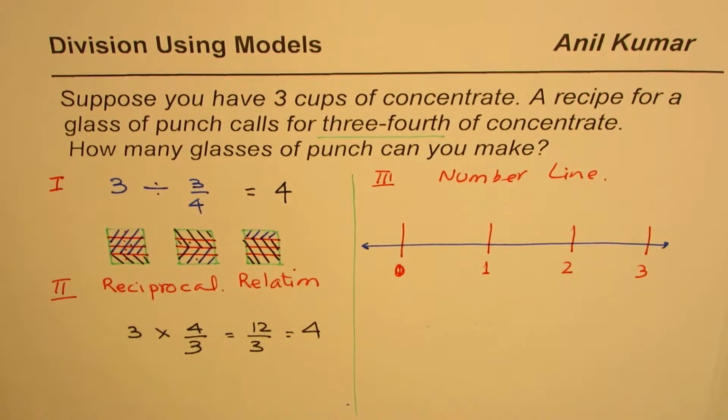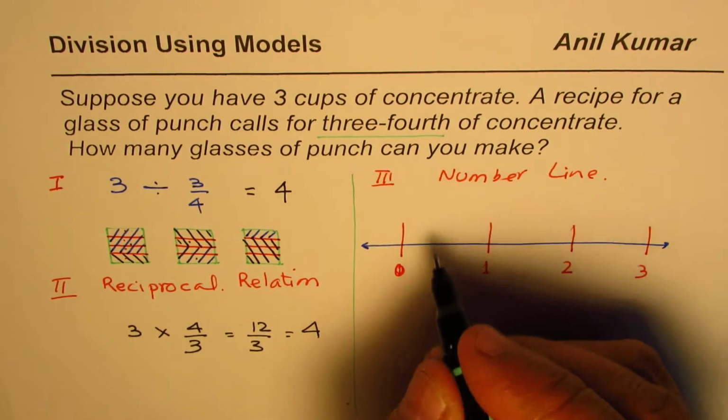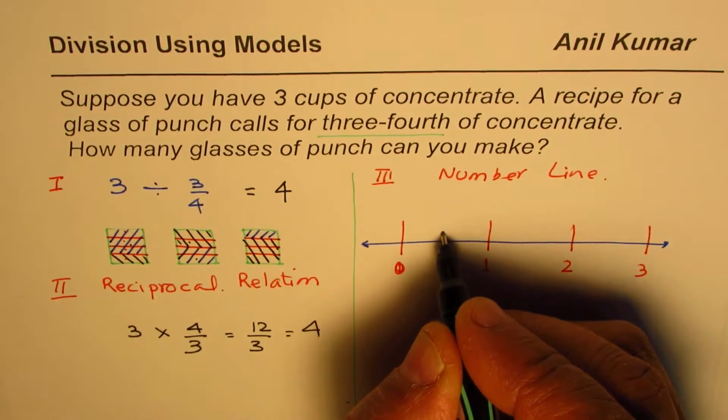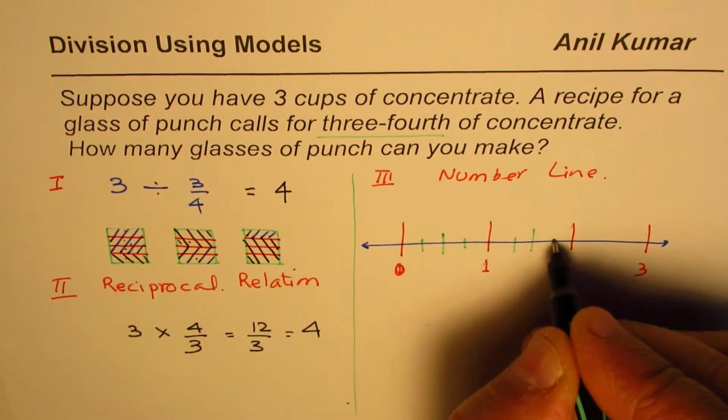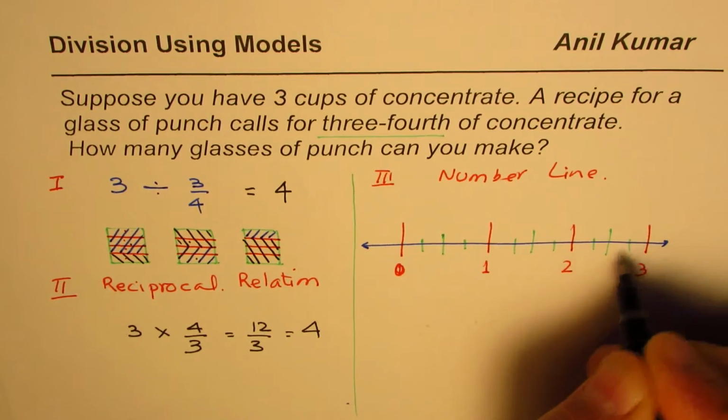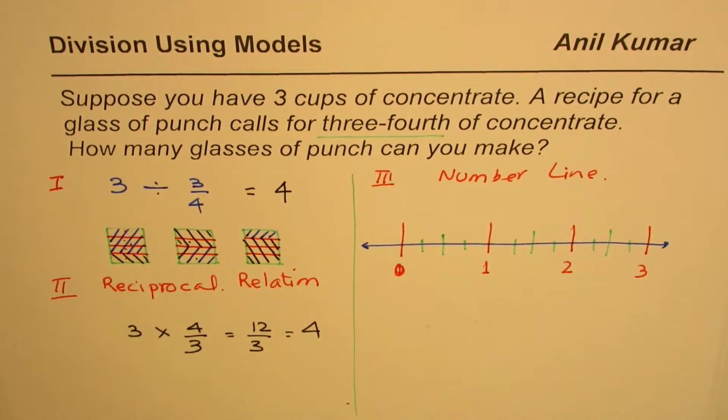Since we want to work with 3/4, we'll divide each into 4 equal parts. So this is half, and then 4 parts, and so each is 1/4.